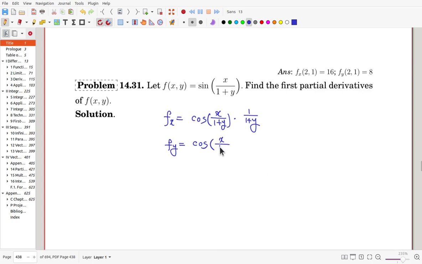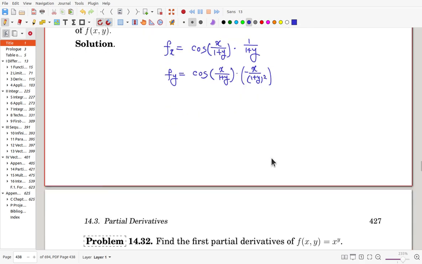Now for the block, we have to take the y derivative with x being a constant. So that is the same as x over 1 plus y, and somewhere we have to put a negative. Okay, so that's the final answer.